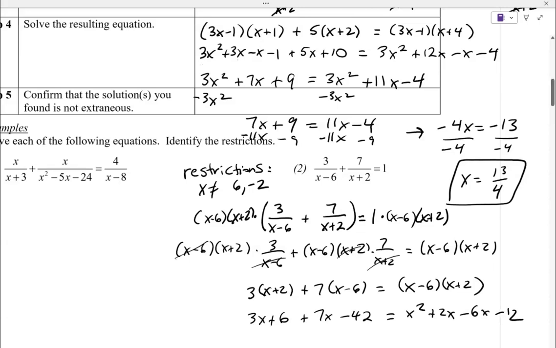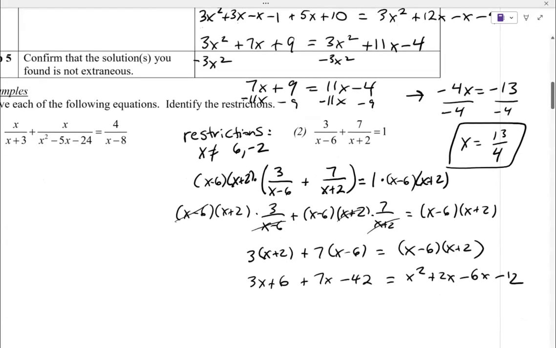Good. All right, so we need to do all the multiplications, right? We got to distribute everything. Let's combine some like terms and then figure out where we go next.